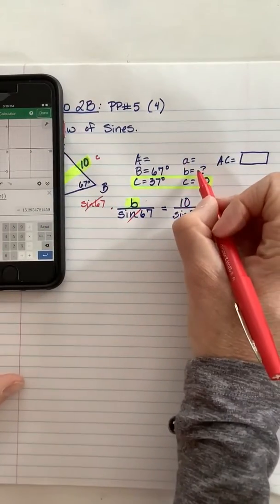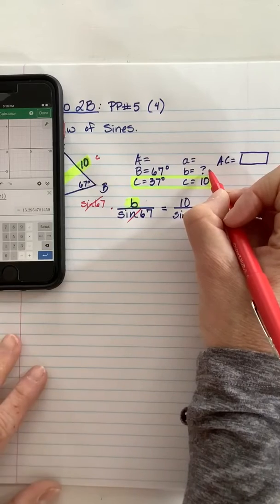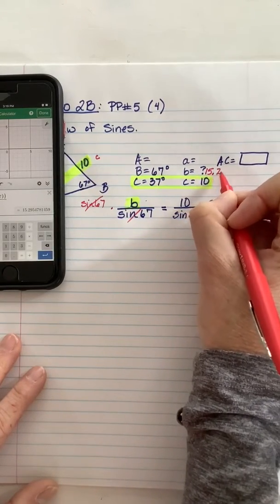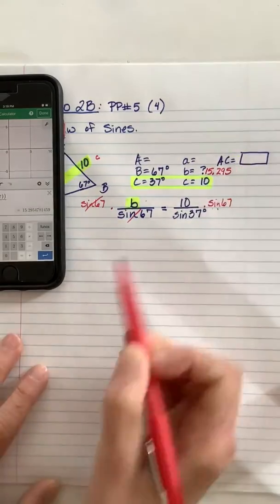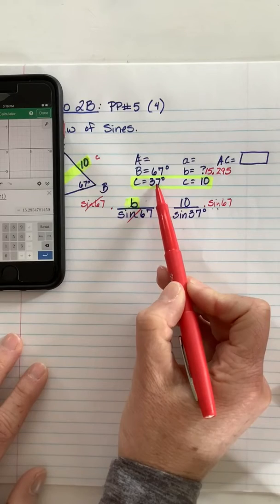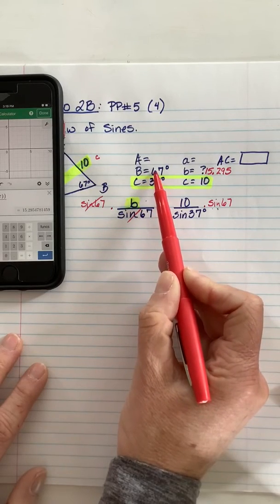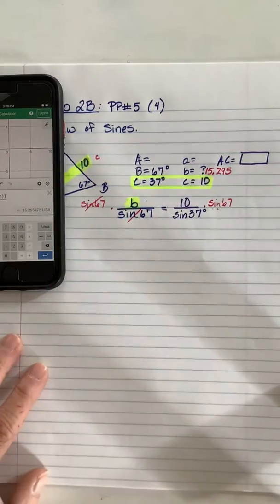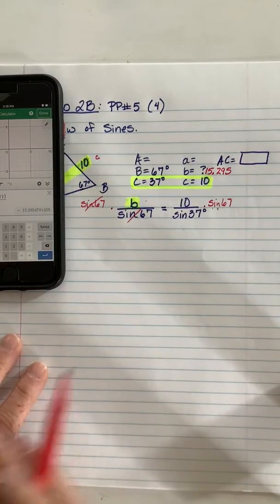Okay, so let's go back here. This is where I like to throw it back in my organizer. What if little b was 15.295? Does that make sense in my triangle? Smaller angle, bigger angle, which means I need a smaller side, bigger side. So right there I can tell I'm probably right.